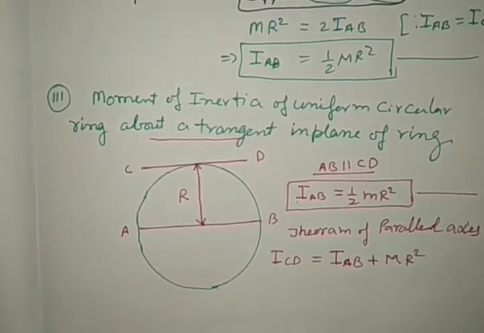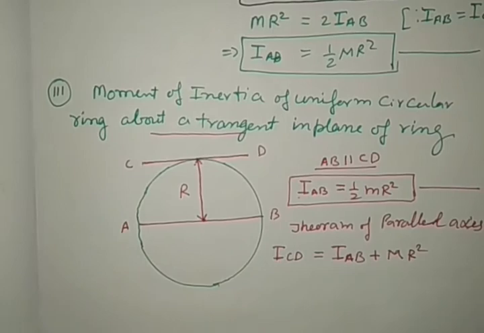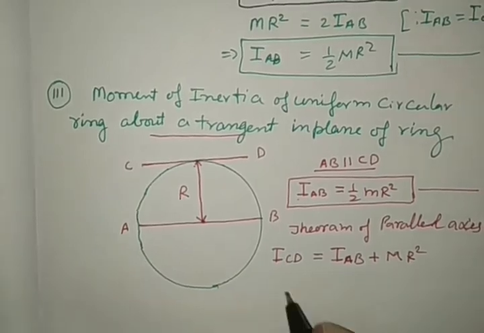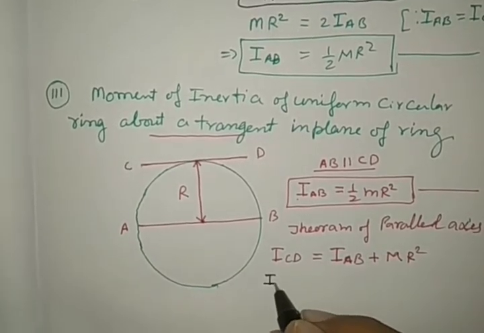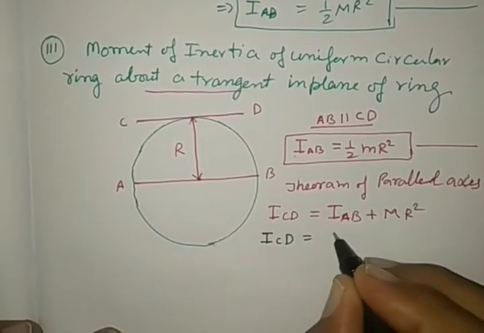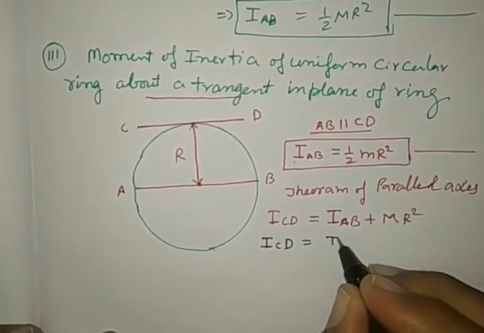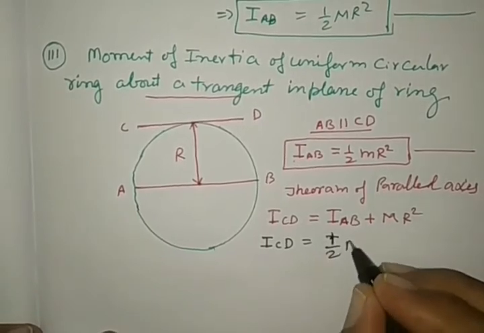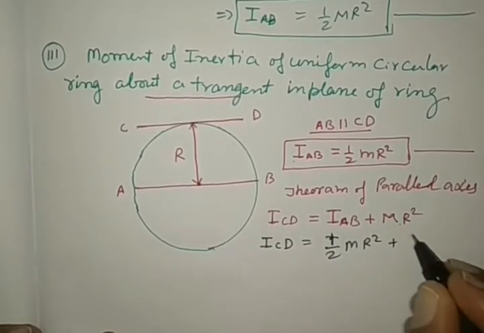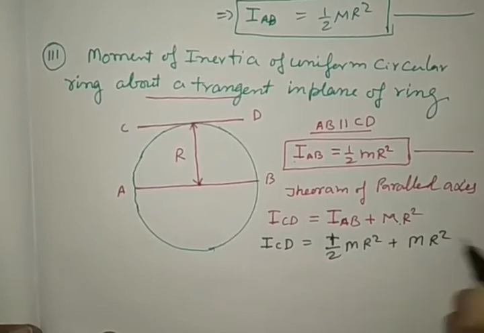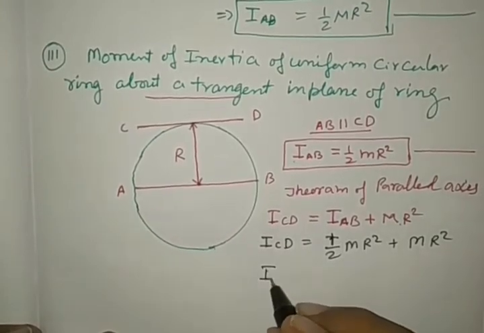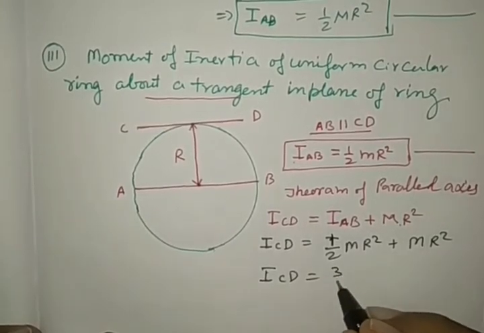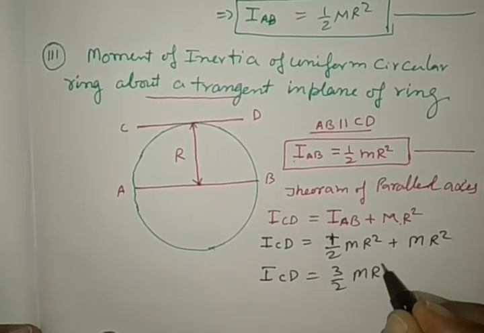See here very carefully, the distance is equal to the radius, so mr square. ICD becomes IAB plus mr square. IAB is one by two mr square, so ICD is equal to three by two mr square.